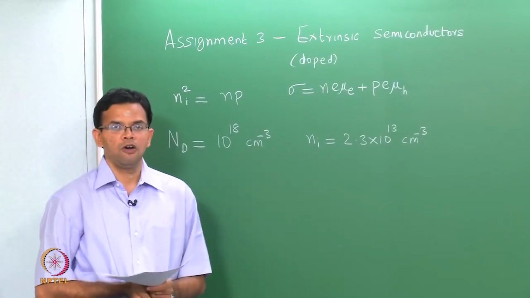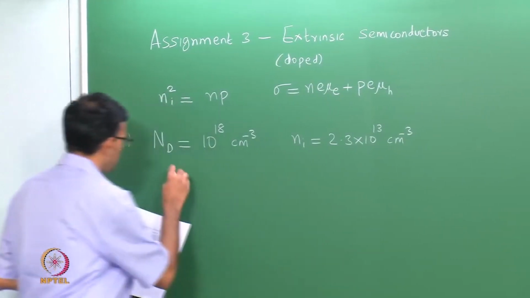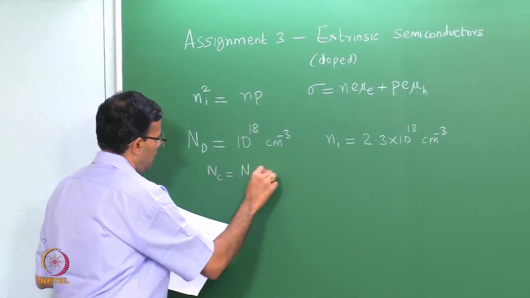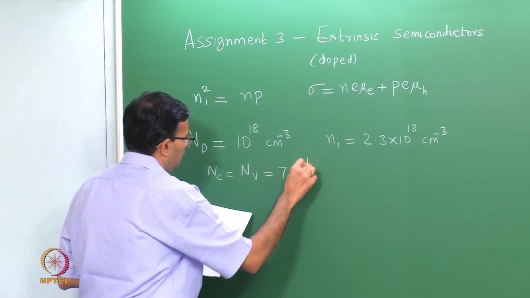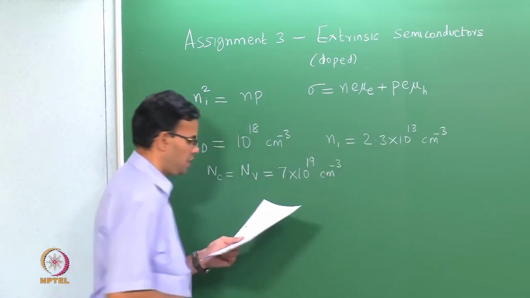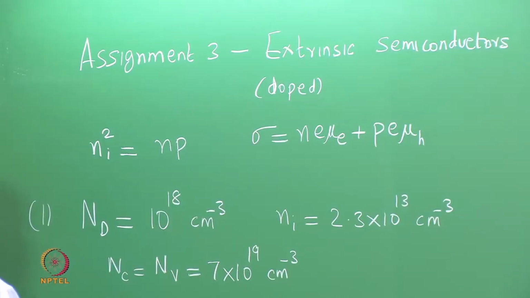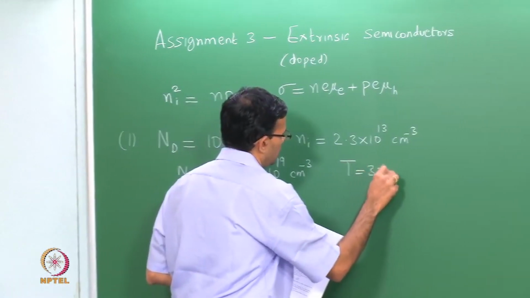The values of Nc and Nv, the effective density of states, are also given. Nc equal to Nv equal to 7 times 10 to the 19 per centimeter cube. The sample is essentially at room temperature, so temperature T is 300 Kelvin.